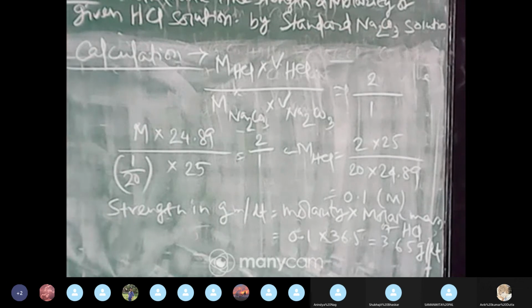So this is about the calculation, and after that we have to write the conclusion or result, then precautions. Overall the points to be discussed: first aim, then theory, after that the materials required, then the procedure in brief, after that observation, calculation, result, and then the precautions.